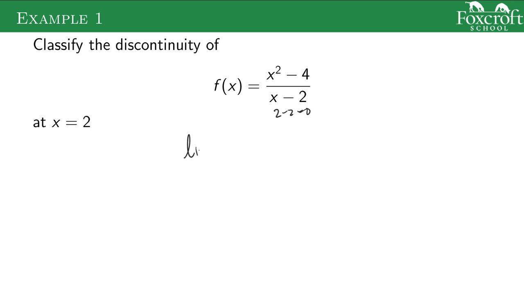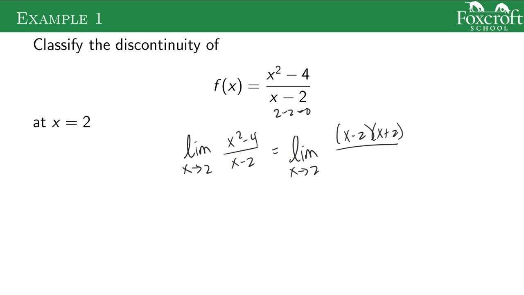Let's see if this limit does exist. Find the limit as x approaches 2 of x squared minus 4 over x minus 2. Again, the first thing you always try to do with a limit is plug in the number. If I plug in 2, I get 0 divided by 0, which is my hint that I can keep simplifying. And I can, because I can factor the top, since it's a difference of squares. I can cancel out the x minus 2's.